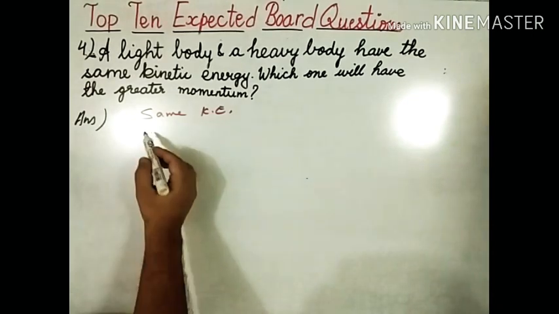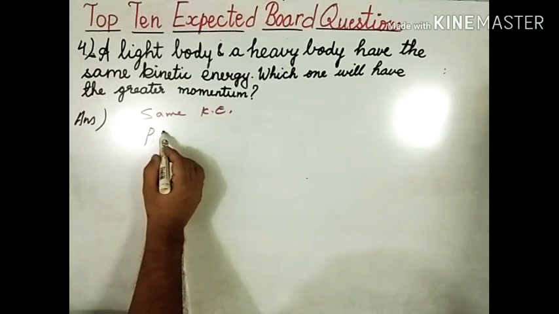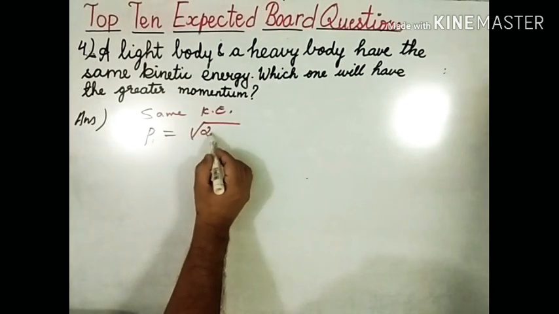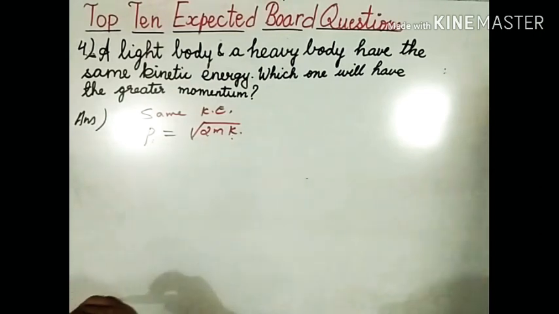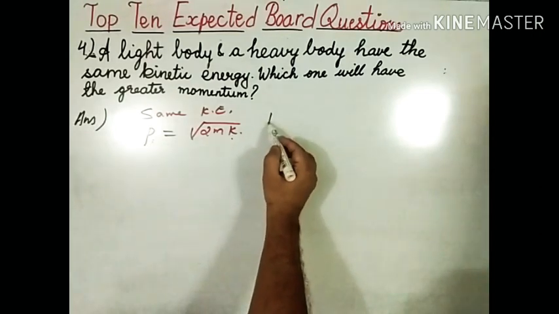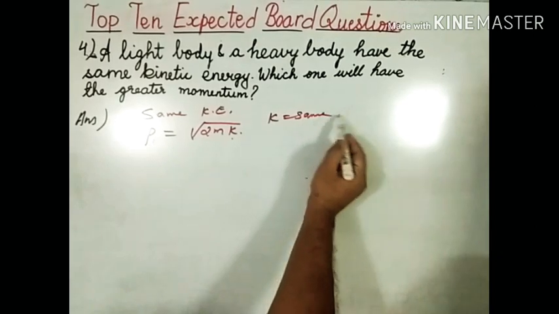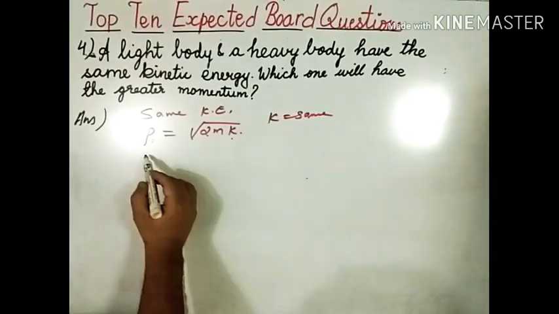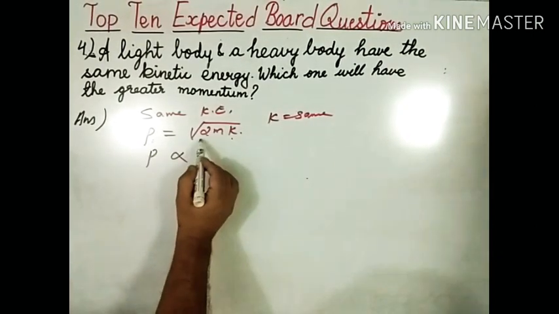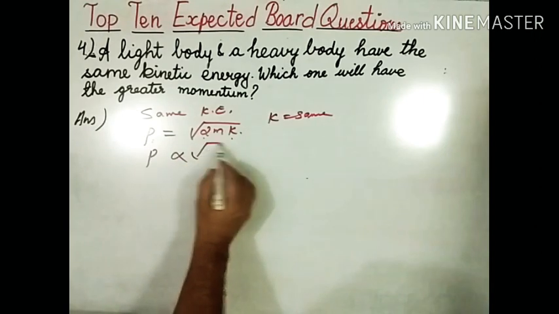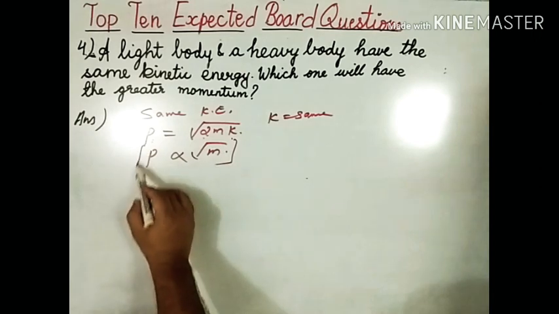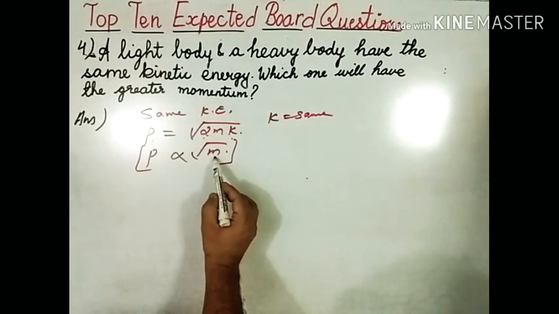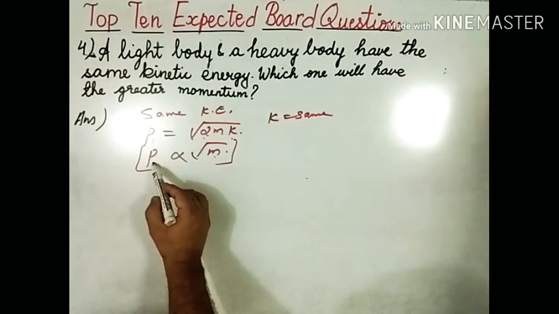So what is the formula? We know that P is equal to under root 2 m K. This is the relation between kinetic energy and momentum, where K is the kinetic energy. K is the same here. So I can write P is directly proportional to root of mass, since 2 is a constant. What is the meaning of this expression? The more the mass, the heavier the body, the more will be the momentum.